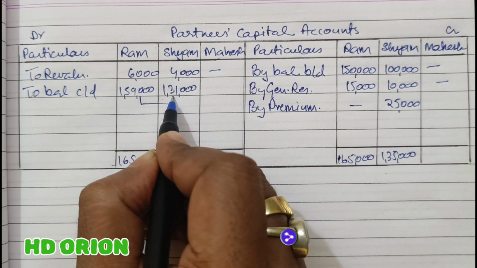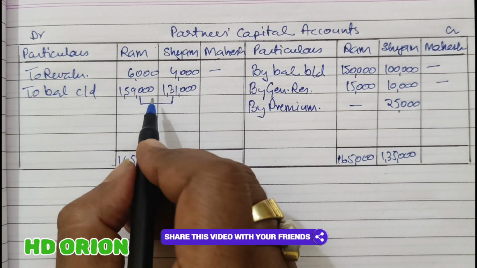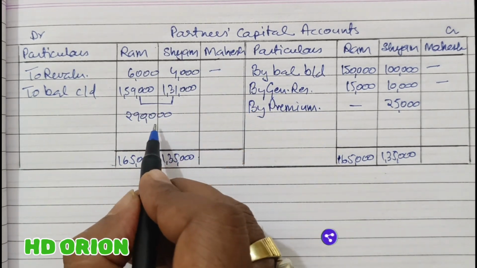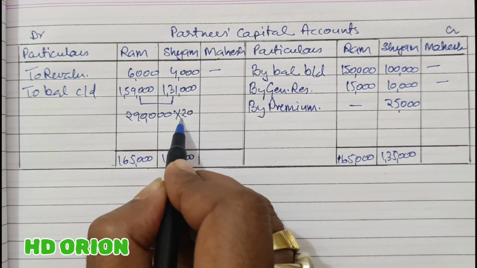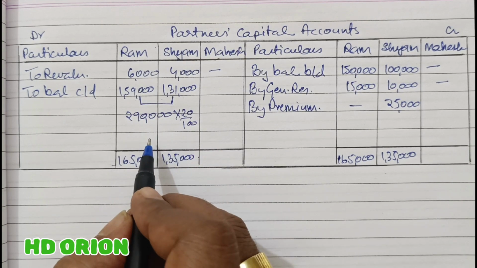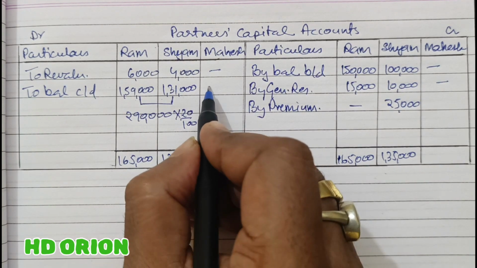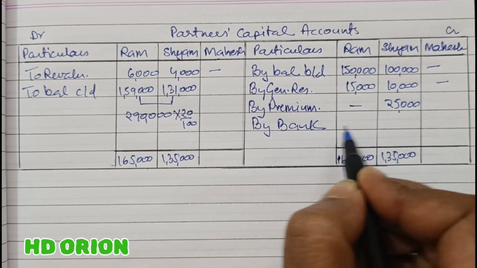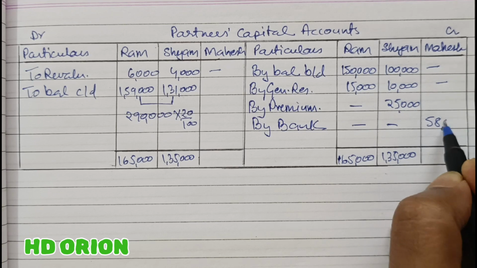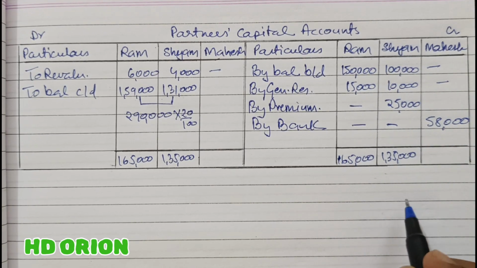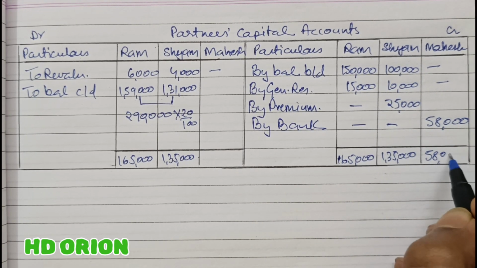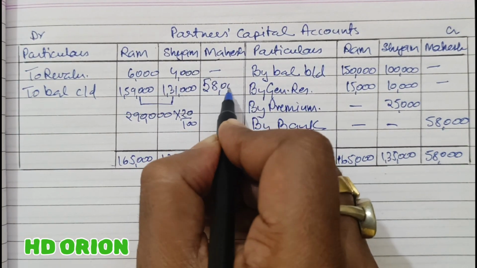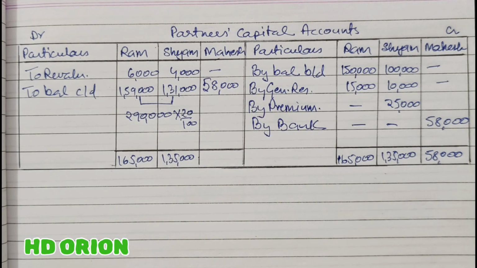Now combined capital of them is how much? It is 2,90,000. And Mahesh has to bring 20% of this. So 20% of this, when we calculate, it is 58,000. So by bank we can write 58,000 he will bring as his capital, which is 20% of the combined capital of Ram and Shyam after all adjustments.